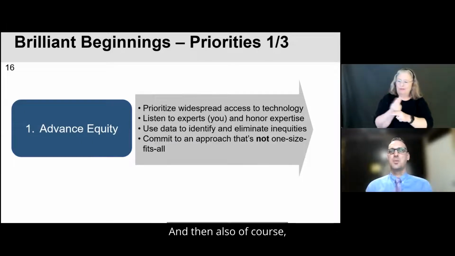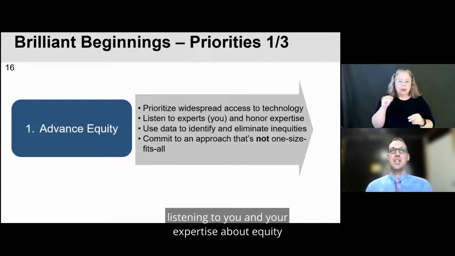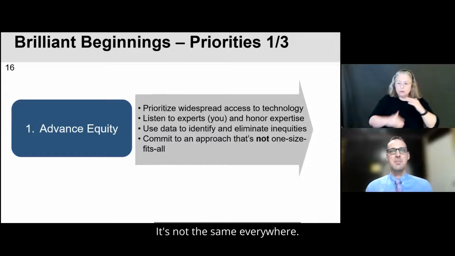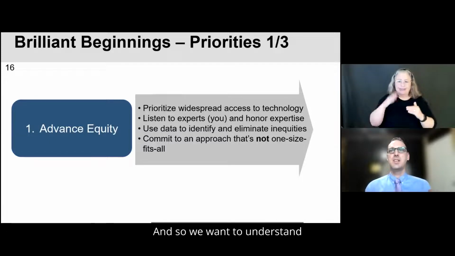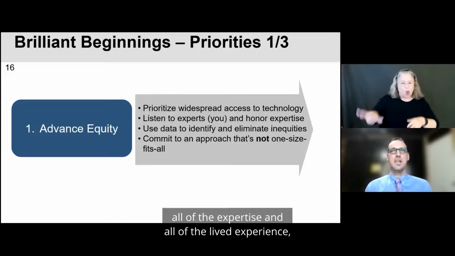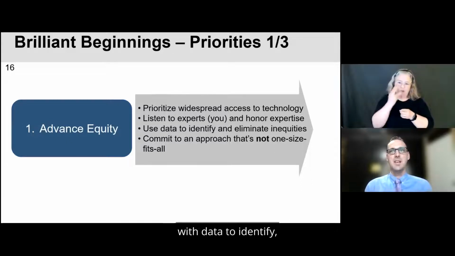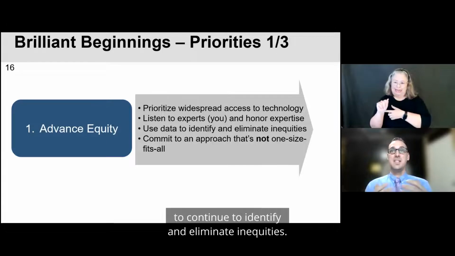And also, of course, listening to you and your expertise about equity and how to advance it at the local level. It's not the same everywhere, so we want to understand all of the expertise and all of the lived experience, and then couple that information with data to continue to identify and eliminate inequities.